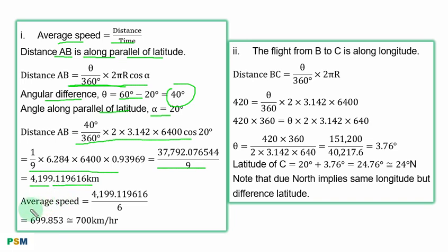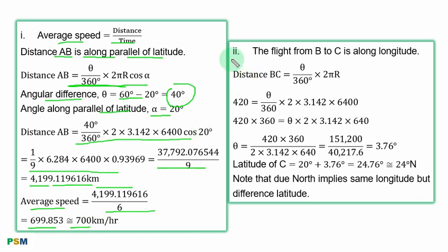Therefore, average speed is distance divided by time, 6 hours, given in the question, and you have it in this form. Approximately equal to 700 kilometers per hour.